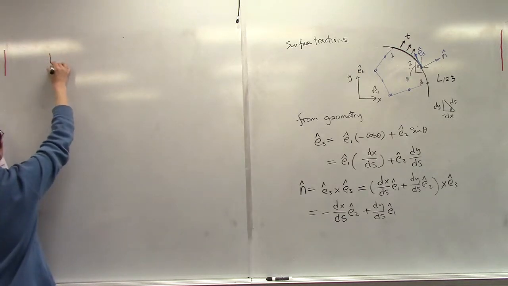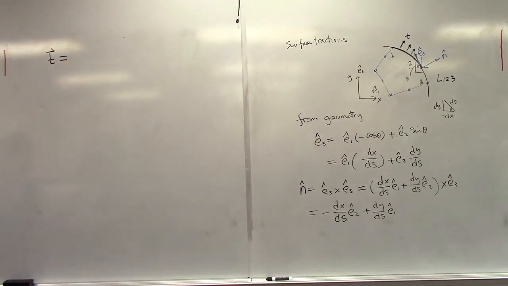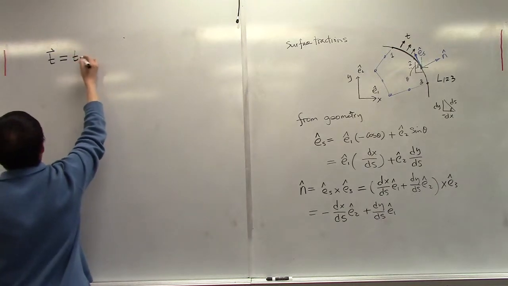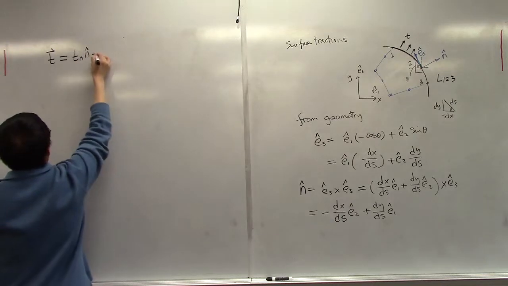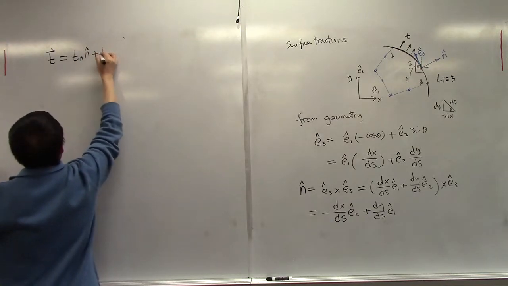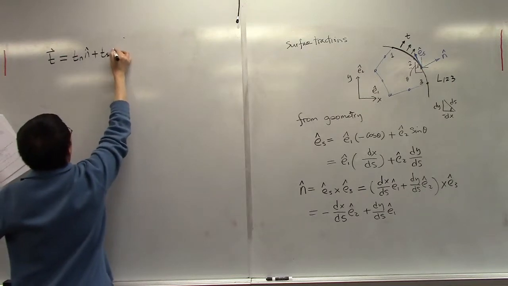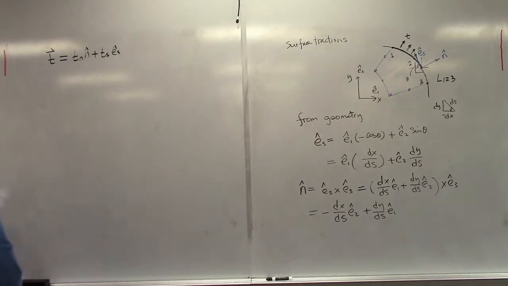All right, so now let's express the surface traction, which is a vector, is equal to the normal component along normal direction plus the tangential component along tangential direction.